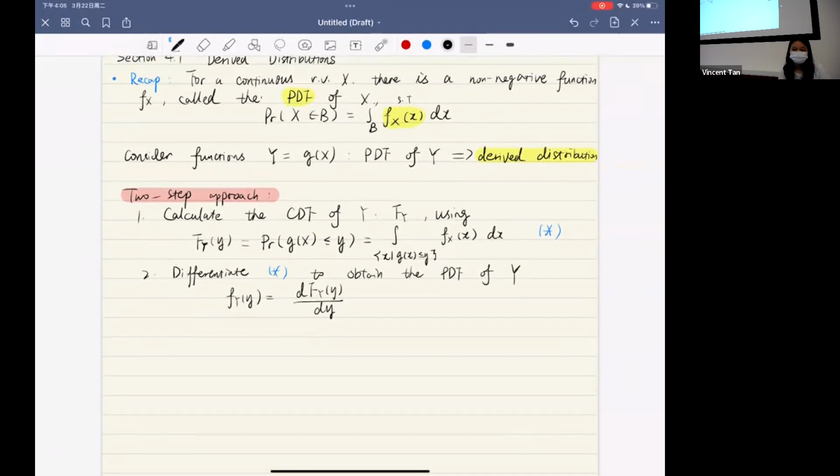This is a two-step approach. First, we derive the CDF of Y using the PDF of X, and then we derive the PDF of Y by differentiating the CDF. If there is no question about this approach, then we can move on to the example.